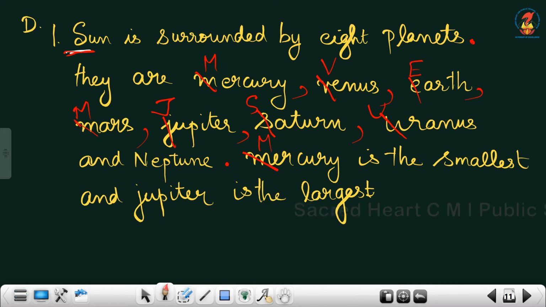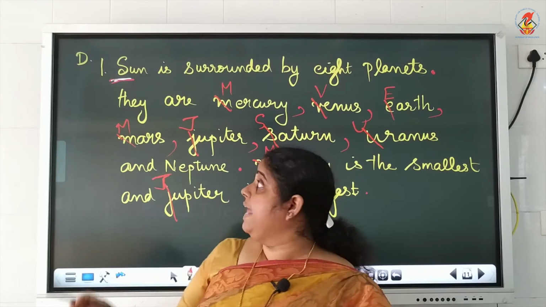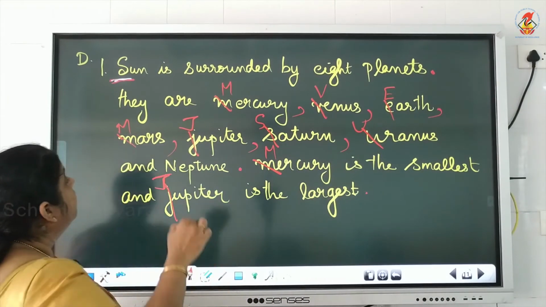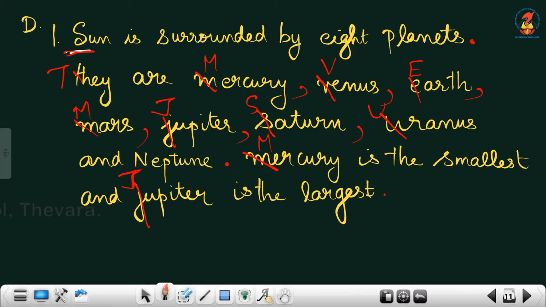Then again, Mercury is the smallest and Jupiter, J capital, Jupiter is the largest. Got it? So, Sun is surrounded by 8 planets, full stop. Then the next sentence should start with a capital letter. They are Mercury, Venus, Earth, Mars, Jupiter, Saturn, Uranus and Neptune, full stop.